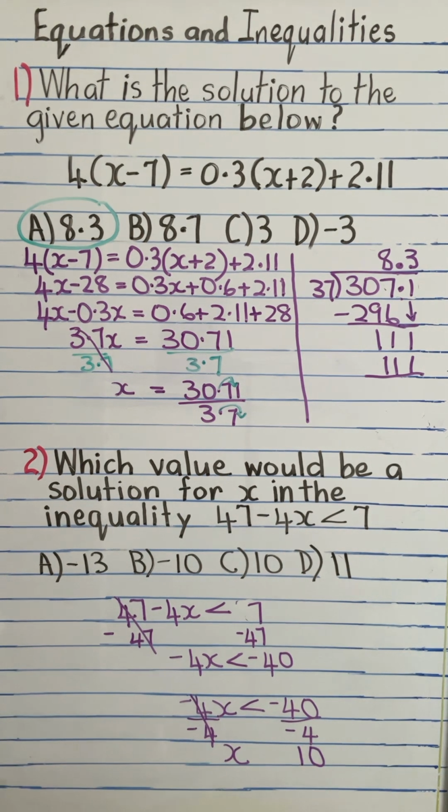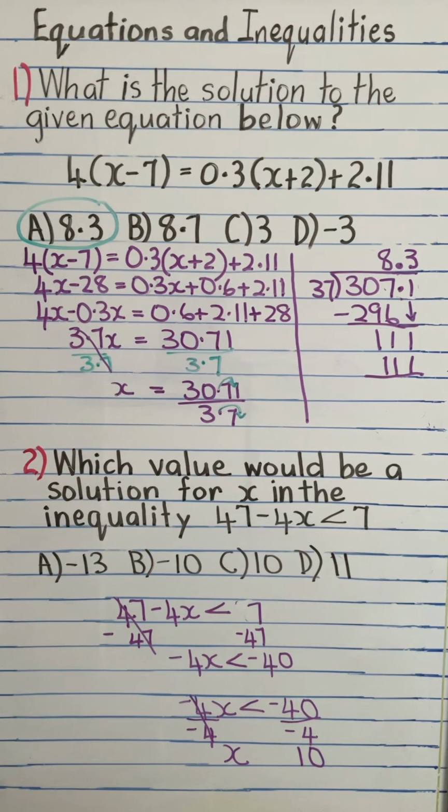The most important point right here is when you are solving an inequality, and you have to divide or multiply both sides by a negative, you have to flip the sign. Let me repeat that.